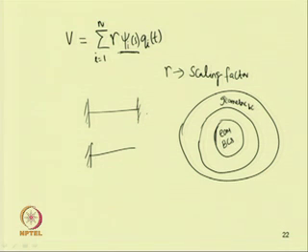Similarly, in case of a fixed beam, one has to consider a function where both displacement and slope are 0 at x equal to 0 and at x equal to L. But in case of a simply supported beam, one can consider the geometric boundary condition only. In that case the displacement at both ends is 0. The force boundary condition becomes the bending moment equal to 0 at the left end and also at the right end.